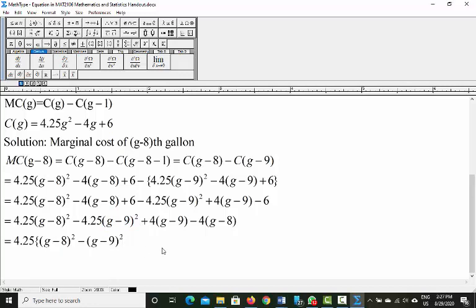Plus, now from these we can take 4 common. So what will we have in our hand? Here we will get g minus 9 minus, and from here we will get g minus 8.